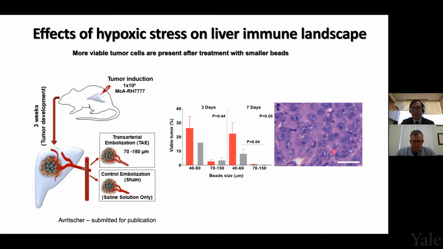But obviously, it's more difficult to cover a larger tumor with those beads, and wherever they don't go, the tumor doesn't get affected. If you use larger beads, then you're embolizing everything, but you're leaving more hypoxia and more surviving hypoxic cells behind. That is the main lesson learned from the experiments.